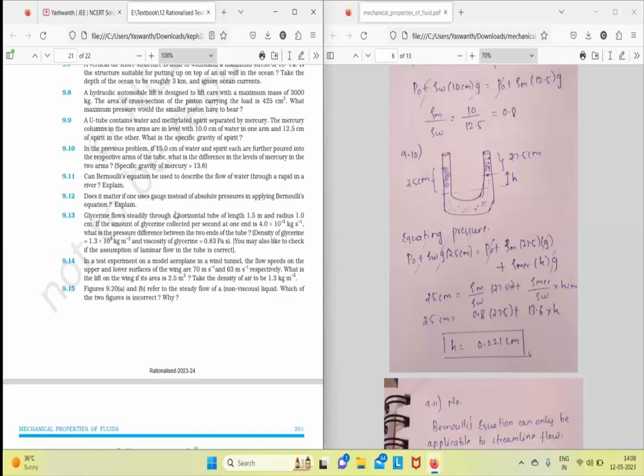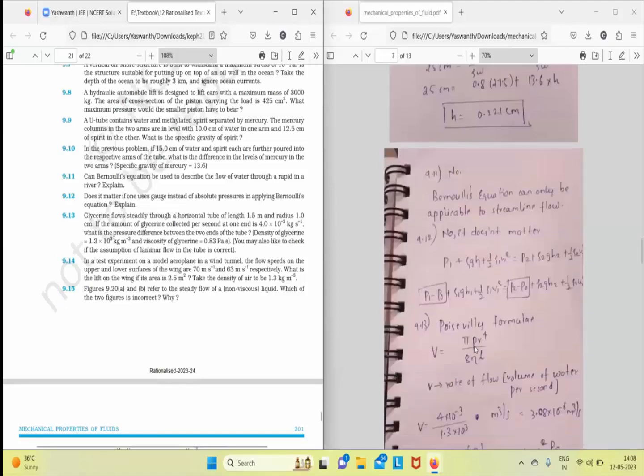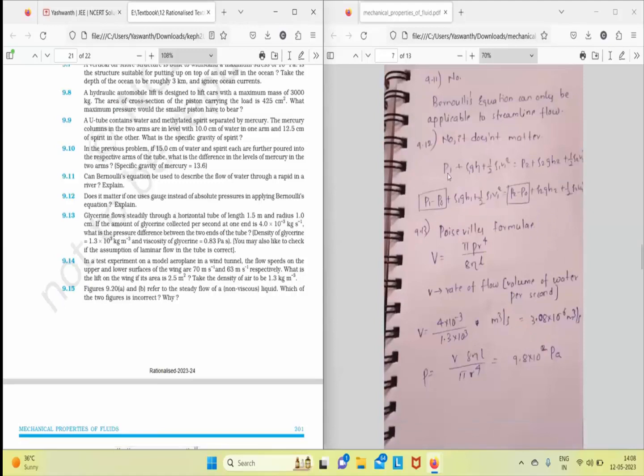No, obviously there will be no problem, because if you observe the Bernoulli's equation, that is absolute pressure plus rho g h plus half rho v square equals absolute pressure plus rho g h plus half rho v square. And if you subtract atmospheric pressure from both sides, that is P1 minus P0 plus this term equals P2 minus P0 plus this term, right? You just subtracted P0 from both sides, so the equality remains.